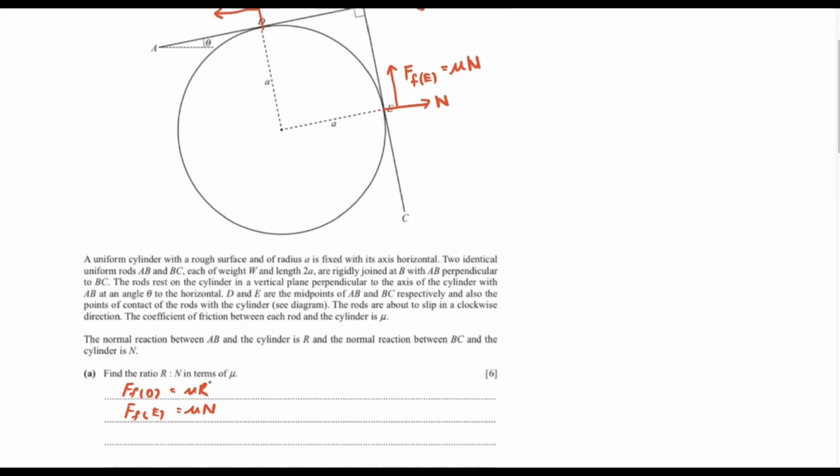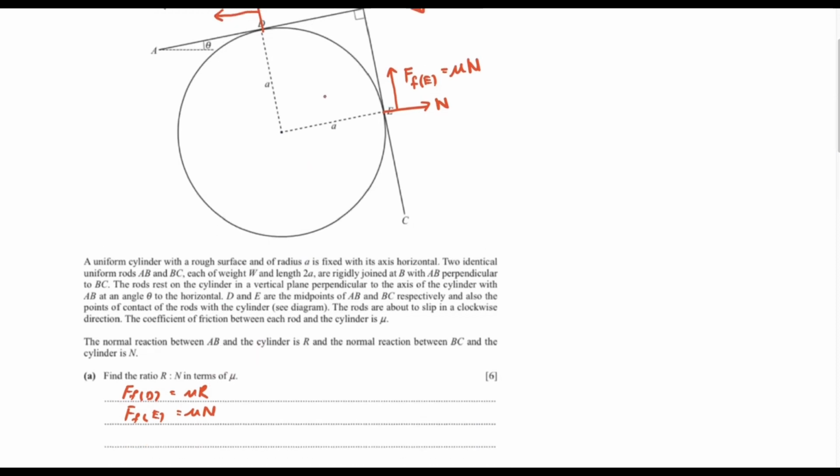Okay. Then after this, we can use the information that it is about to slip in the clockwise direction. So it is still in equilibrium, but it is about to rotate. We can use moments, for example. Whenever you see equilibrium, we can use resultant moment equal to 0.